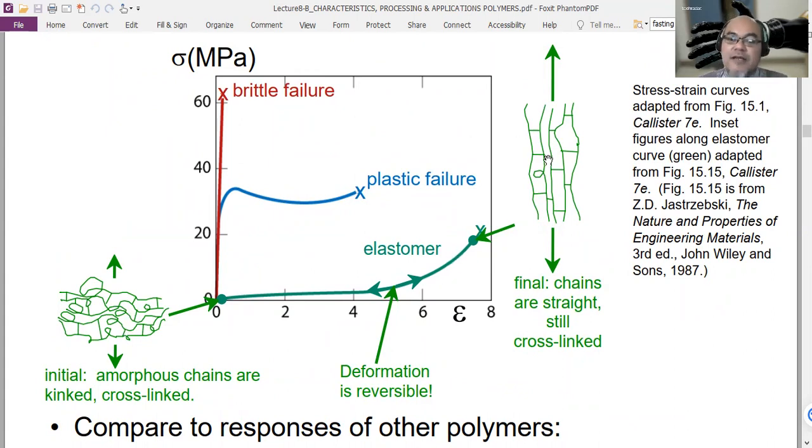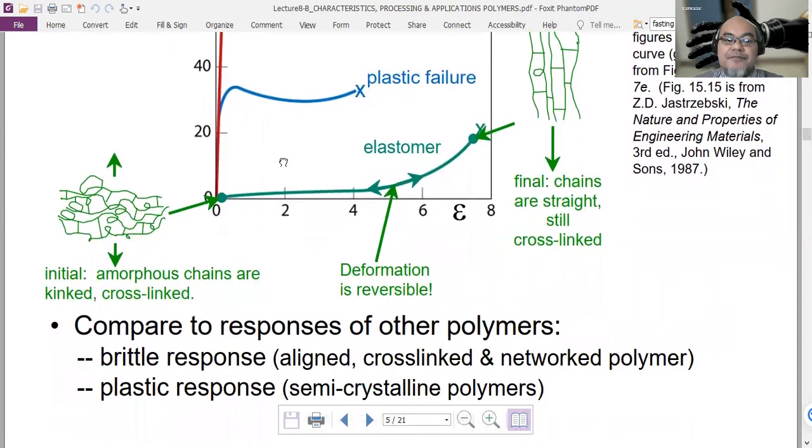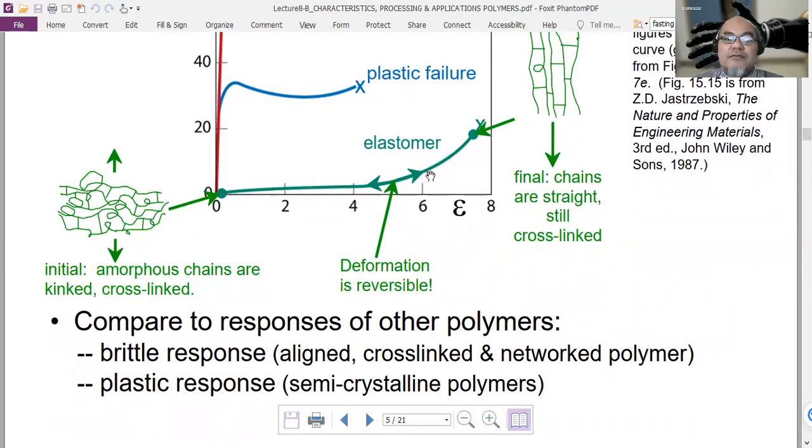The chains become straight. However, they are still cross-linked to each other, so they do not break. That is why with elastomer, like rubber, we can stretch them to many times their initial length. Compare this to the response of the other polymer in brittle response, with the hard polymer.